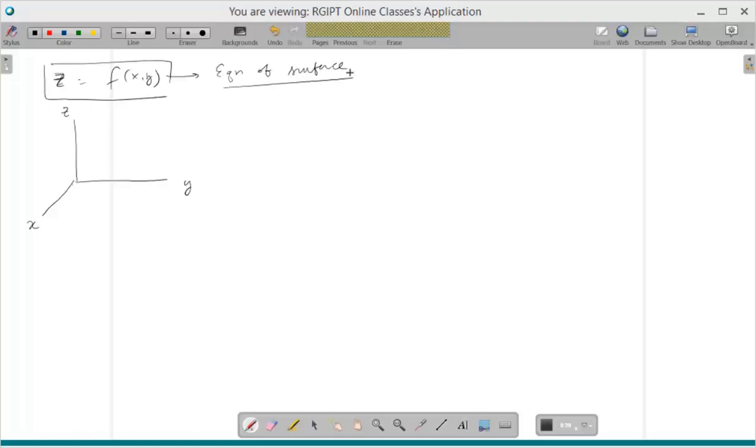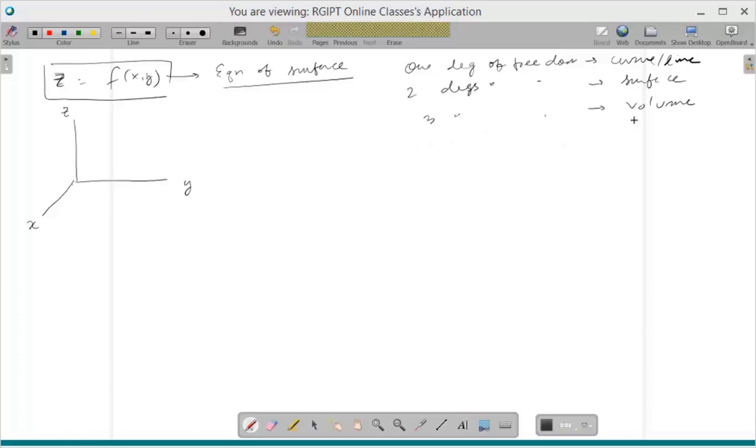Remember always, if you have 1 degree of freedom, that would be a line. 2 degrees of freedom, that would be your surface. 3 degrees of freedom, that would be your volume.